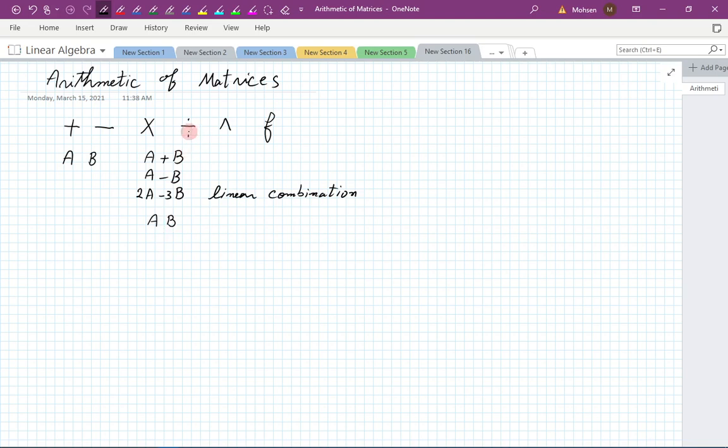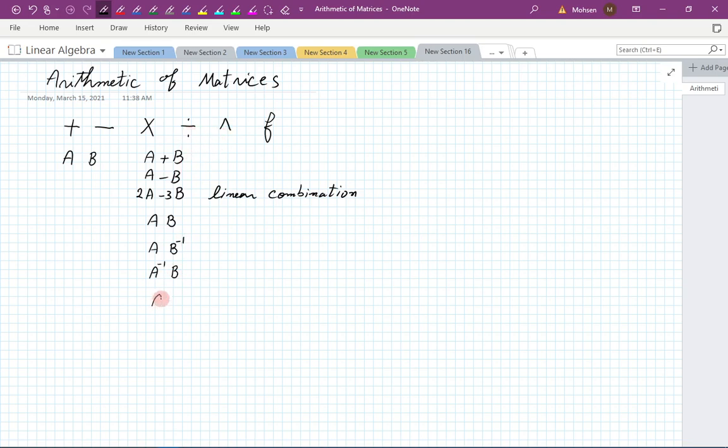That notation is rarely used anywhere in linear algebra. The notation we are going to see would be something like A times B inverse, or perhaps A inverse times B, as the case might be. So that is going to be the way we are going to deal with the division later on.